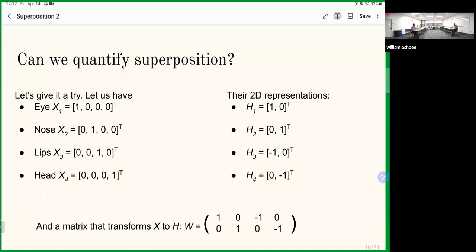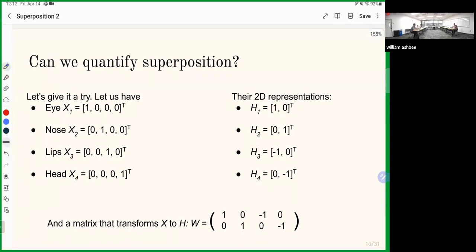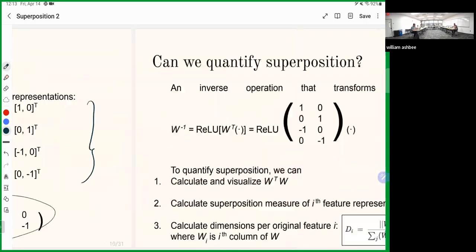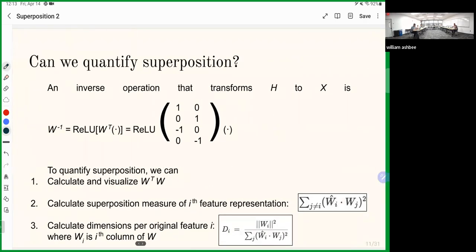In this case, the original features are 4-dimensional vectors and superposition representations are 2-dimensional vectors. An operation that projects 4-dimensional features into 2 dimensions looks like this. And an inverse operation looks like this.